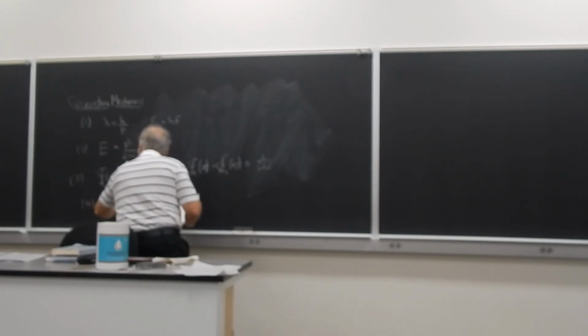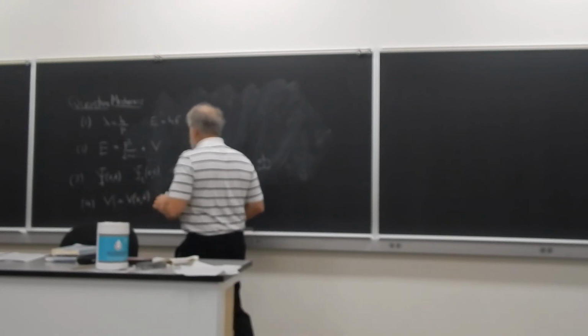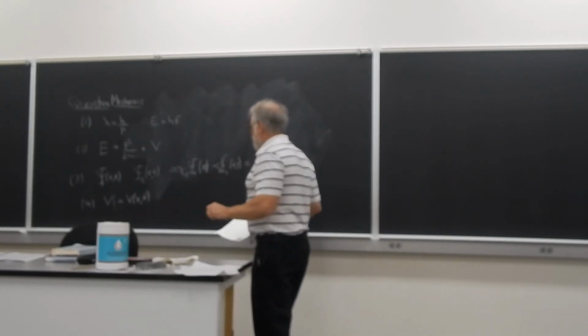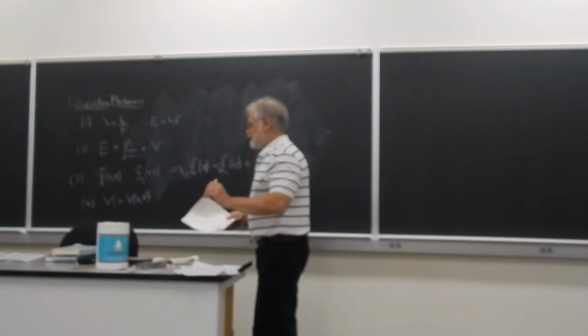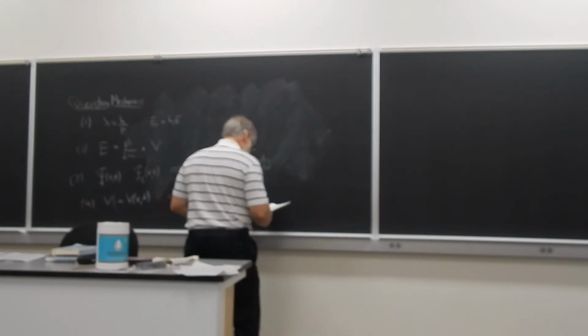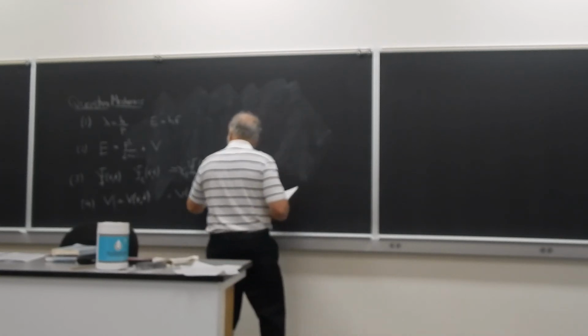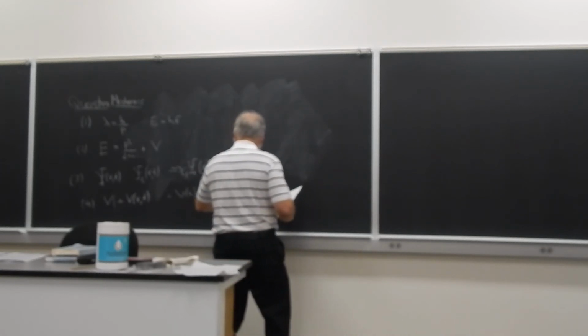My potential should be a function of x and t, but for now we can be well served by having the potential be time independent. So we'll just make it dependent upon space and not upon time. And let's make it even easier. We'll just call it a constant for now.